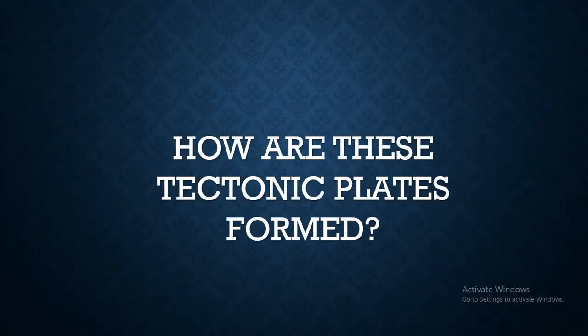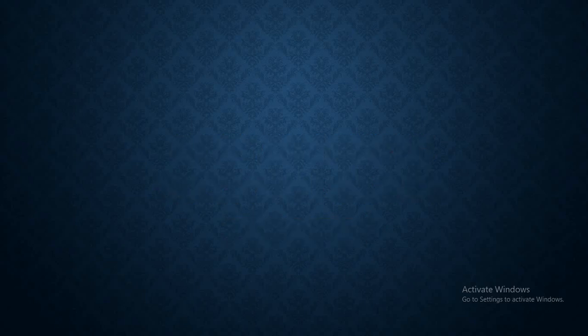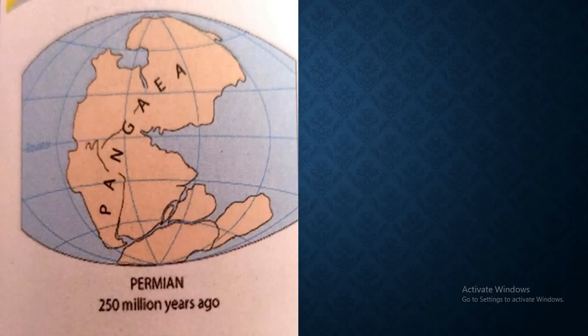How are these tectonic plates formed? Just look at this picture. It is from 250 million years ago. We have a land called Pangaea. The Pangaea is surrounded by a water body.